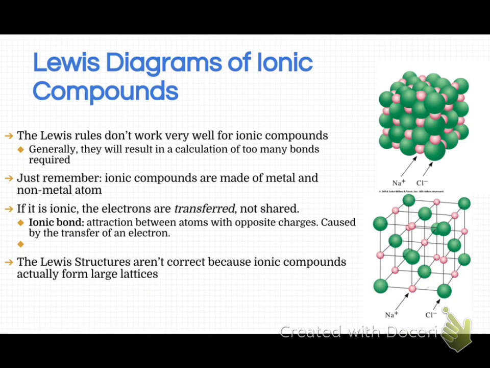So let's take a look at what a crystal looks like. If you get out a piece of salt and a magnifying glass and look at it, that salt is always shaped just like a cube. Always. The reason for that is that on a molecular level, sodium and chlorine connect with each other because sodium is a positive ion and chlorine is a negative ion.